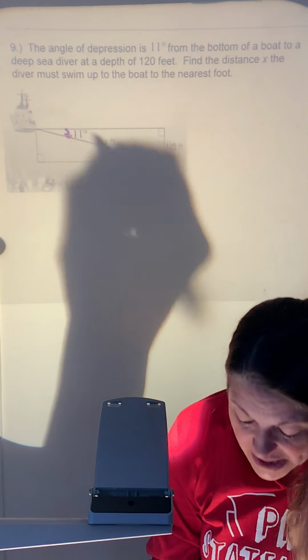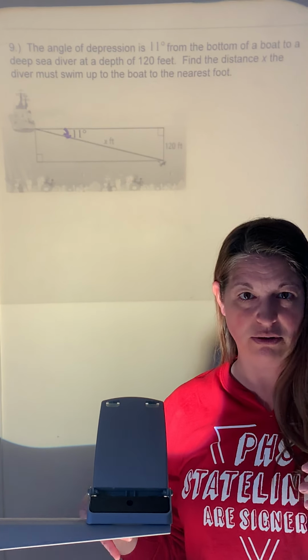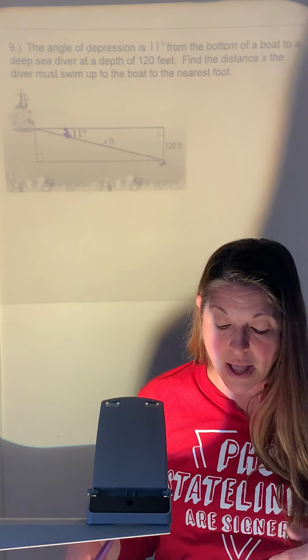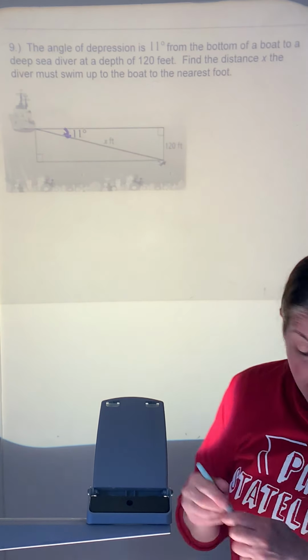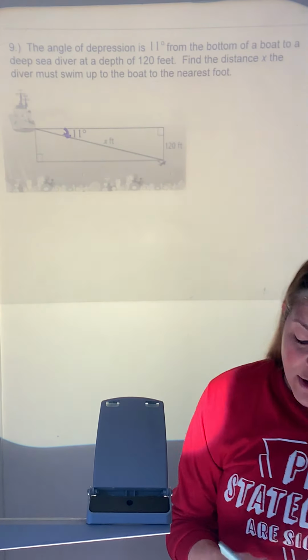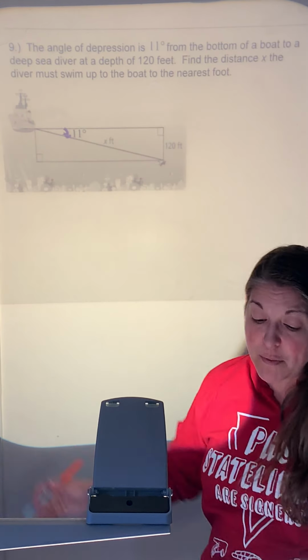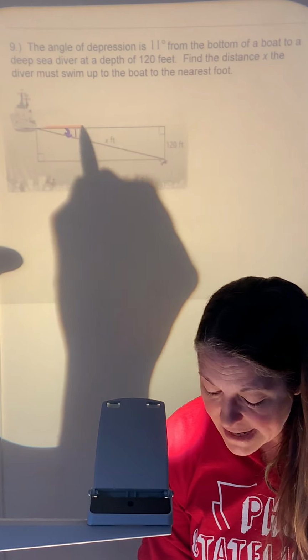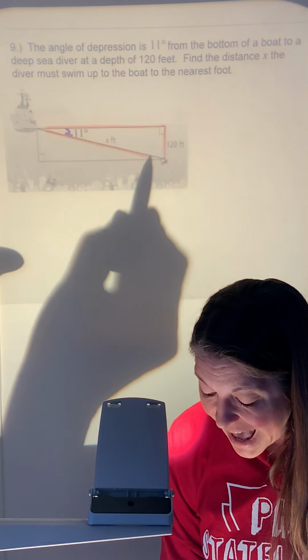Again, just like with the bearings, I will always have the pictures labeled, but I do want to make sure that you feel comfortable with the terminology. So we've got the angle of depression there at 11 degrees, and they are showing us an actual rectangle down here. But remember, we've done problems with rectangles before where we just really focused on half of it.